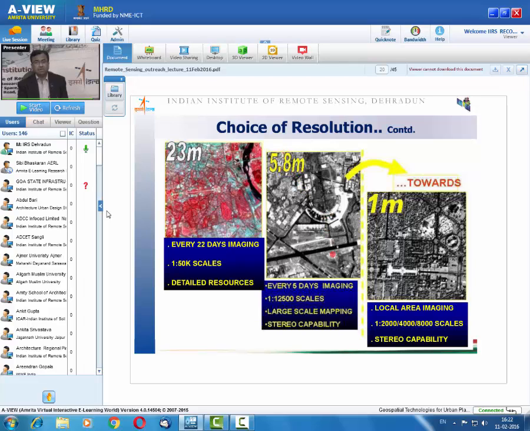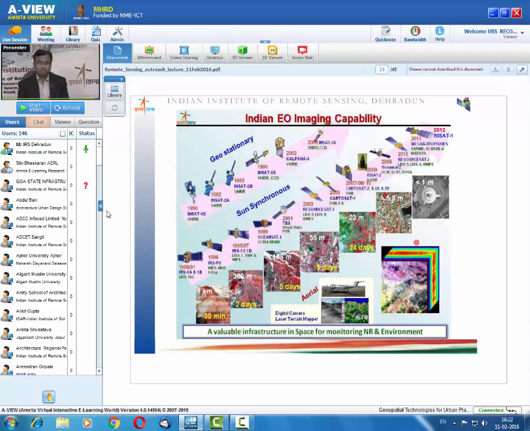We have data of 5.8 meter from the LISS-4 sensor, where 5-day imaging is feasible, and this can help us in 1:12,500 scale mapping. This is good for large scale mapping, and we also have the stereo capability. 2.5 meter and also 1 meter data lead, in the context of urban mapping, to zonal plans or better mapping.